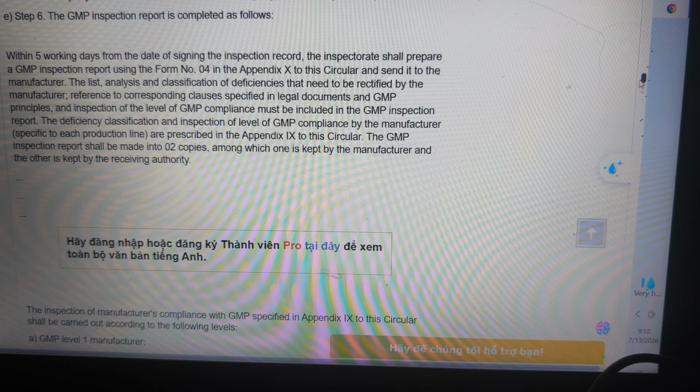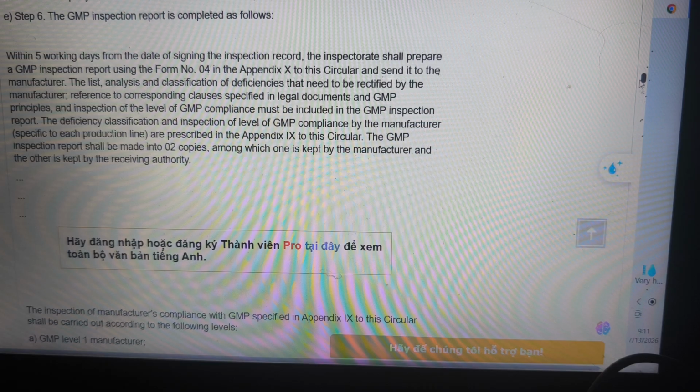Within 5 working days from the date of the site inspection record, the inspectorate shall prepare a GMP inspection report using form number 4 in Appendix 10 to this circular and send it to the manufacturers.